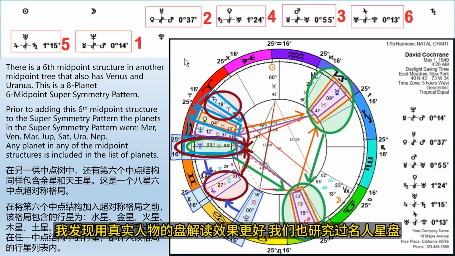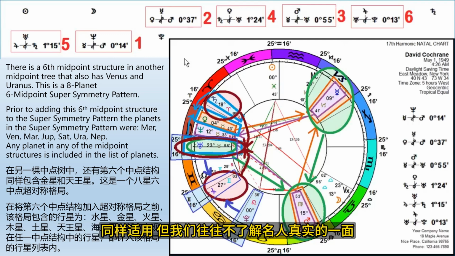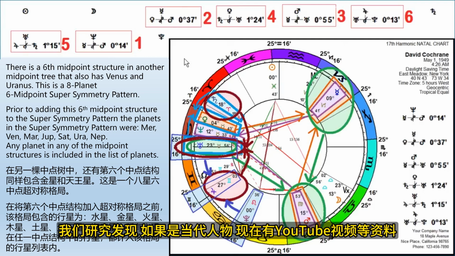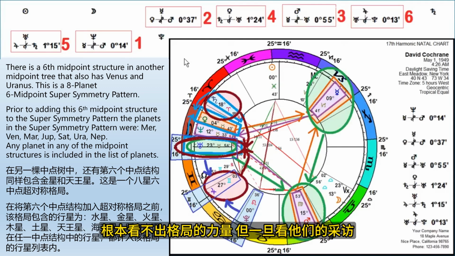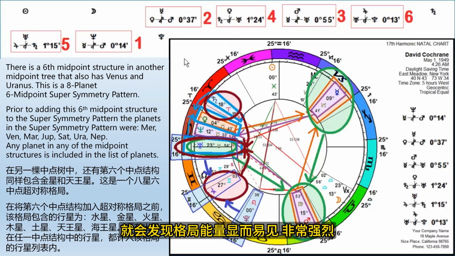What we found with famous people is it works with them too, but sometimes we don't know the real them. One of the things we found in our research is that if it's a person who's fairly contemporary, now that we have YouTube videos, and you watch a video, so many times we've done research on someone and we say, I don't see this configuration, because we only know them the way the biographers and the articles describe the person. And as soon as they're interviewed, you go, oh my God, this is so obvious.